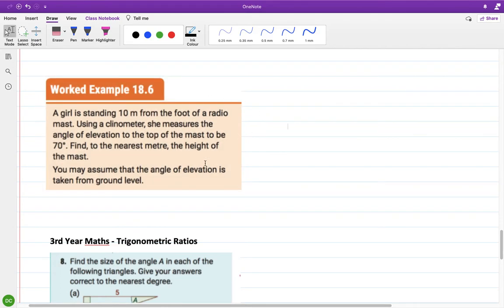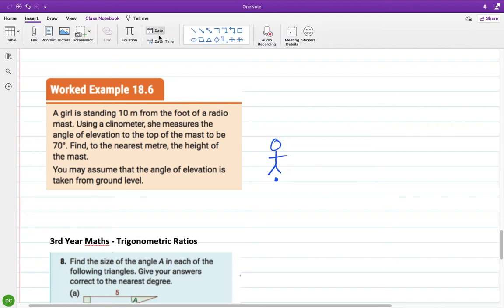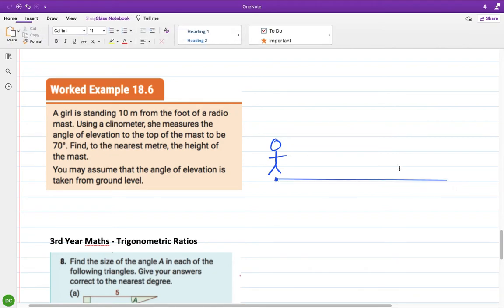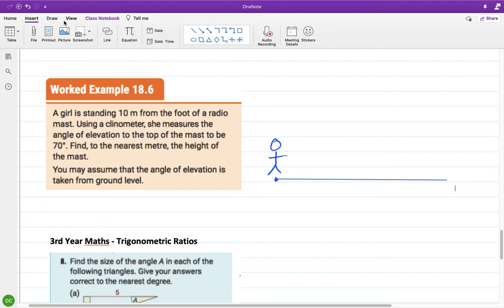So, a girl standing 10 meters from the foot of a radio mast. Okay, so, I don't know if there was meant to be a picture with this, but we'll draw it anyway. So there's the girl, and she's standing 10 meters, and I'll draw a line, 10 meters, there you go, from a radio mast.